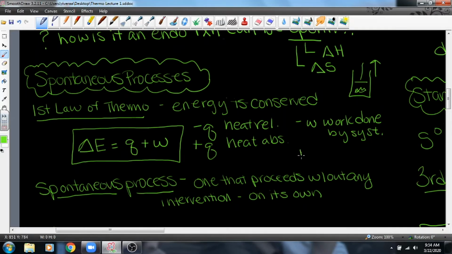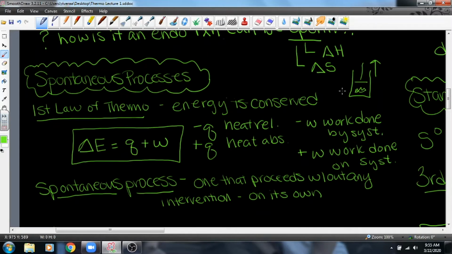And the reverse case, if that piston were to be pushed down by the atmosphere, by the reaction, that would be a positive W. That would be work done on the system.